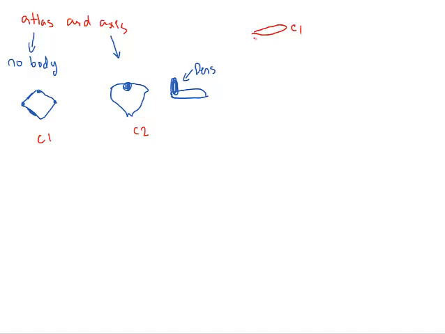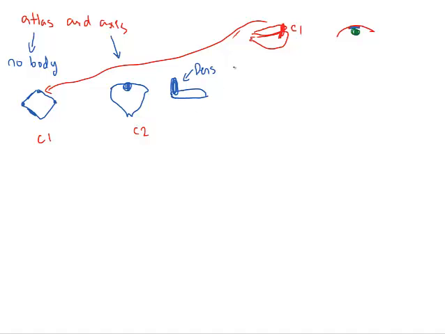And then C2 would come behind it with its processes and have the dens going through, sitting on this articulation, this facet. And if we were to look at it again from a superior view, there would be the facet in blue, right? And the dens would be in green coming up right on top of it.